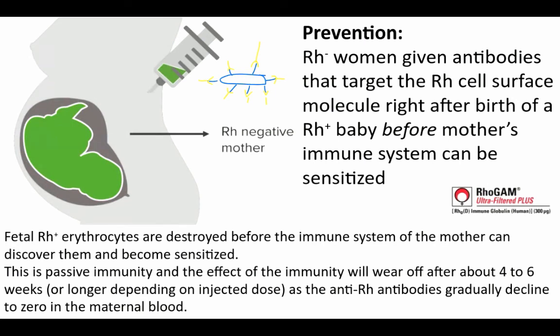And so with passive immunity, right, your immune system is still unaware that it's ever seen the Rh factor. In this case, that's a good thing. But in other cases, for example, snake antivenom is usually antibodies to the venom, right? It wears off. Eventually, those antibodies are gone. It saves your life, right?